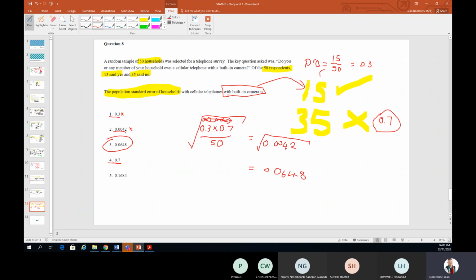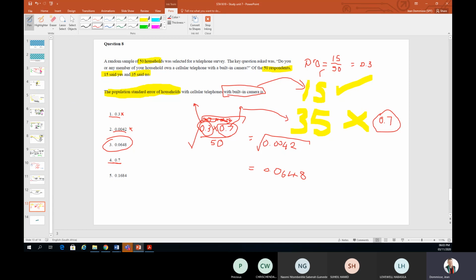That is just because you are working with the proportion, that is how it works. Here you used the proportion of the built-in, and there you used the proportion of 1 minus the built-in, which is actually the not built-in. So if you calculated the population standard error of the not built-in, you would get the same answer.